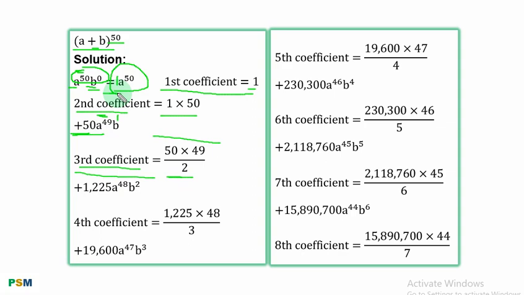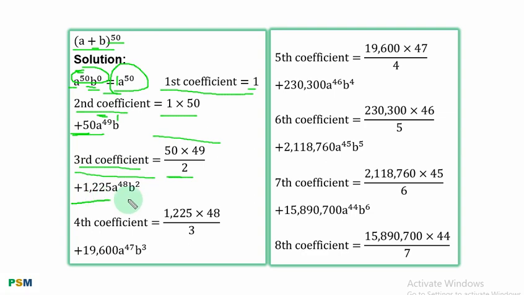The coefficients are generated using the coefficient and the power of the first term only. Divide by how many times the first term has occurred before that point.